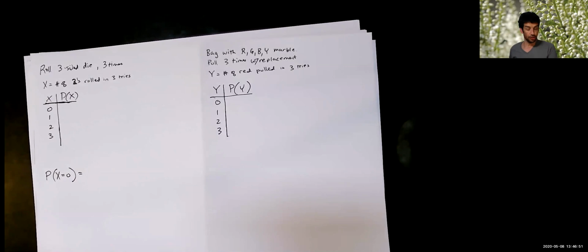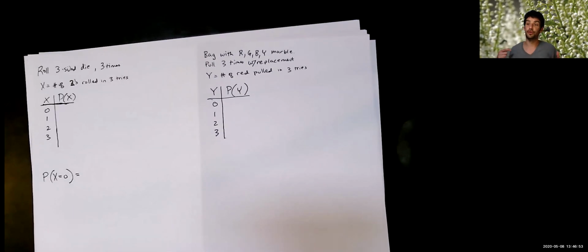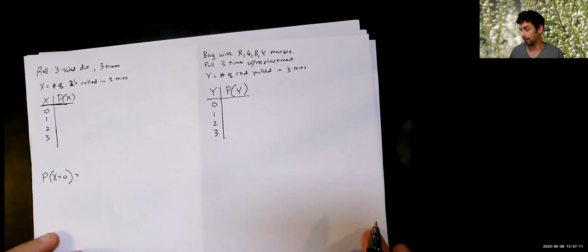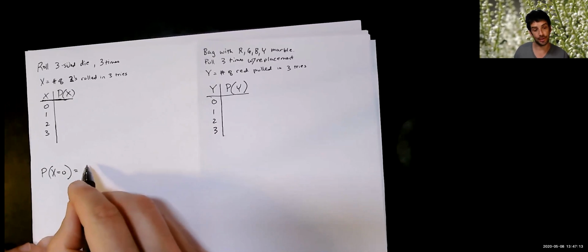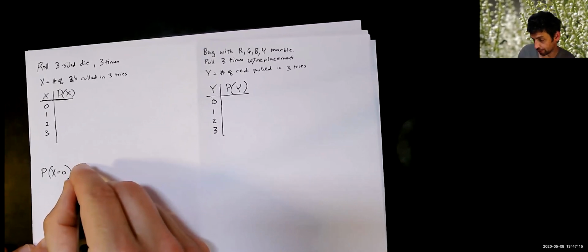Okay. So how can I roll no 2s? It means I roll not a 2 first, not a 2 second, not a 2 third, right? So that's an and statement. Not a 2 and not a 2 and not a 2 on the third roll. Right, so we've looked at problems like this. I'm going to skip some details because this computation can be long. So what it means is I'm multiplying the probability of not rolling a 2 the first time.